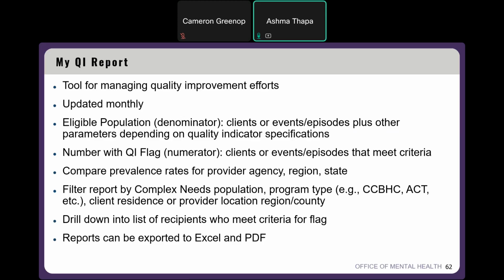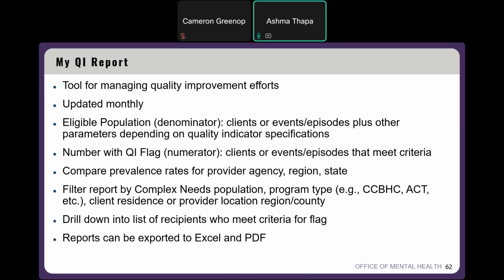We will also display the number with QI flags, and that will be the numerator. I would like to make a note that each quality indicator measure has its own specifications and the way that they are calculated differs from flag to flag. So it's really important to refer to our technical specifications document, which can be found on our public website.